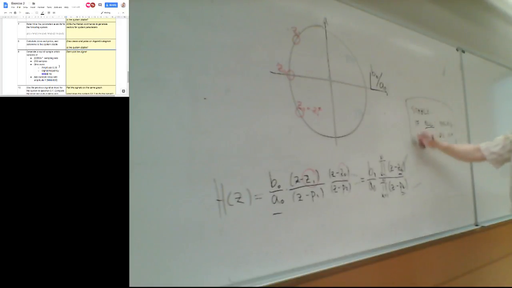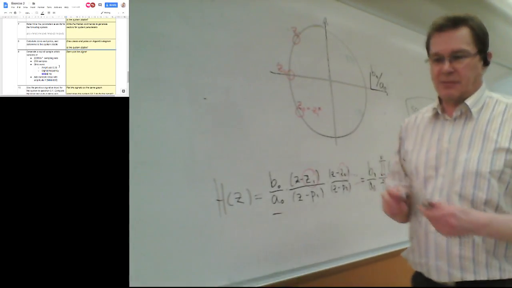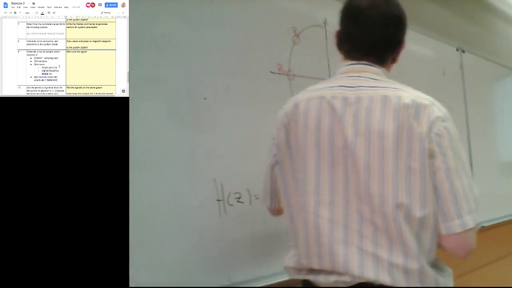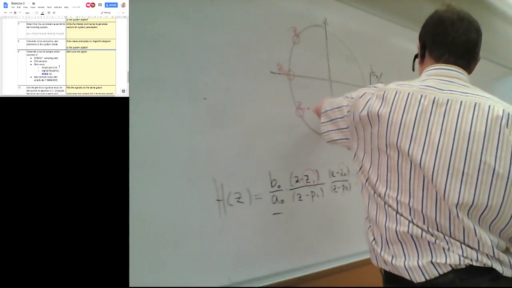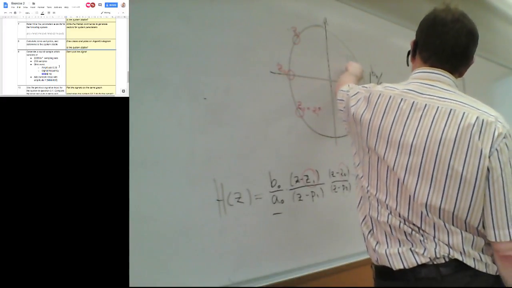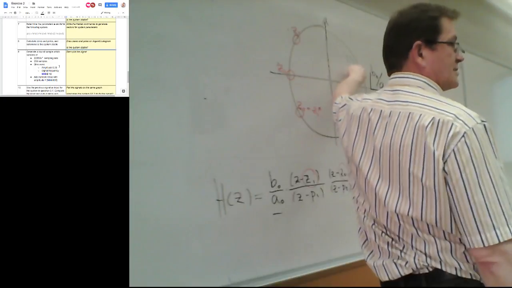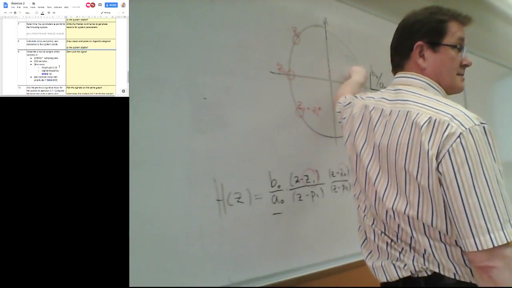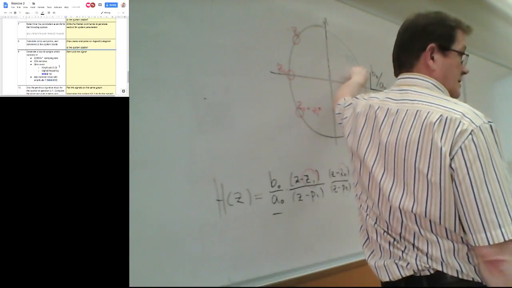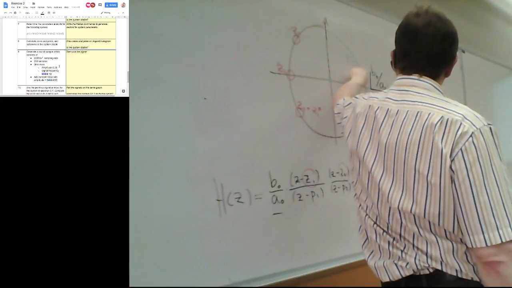This is the stability test, all you need to know. A critically stable system would have a pole exactly on the unit circle, meaning it oscillates at that angle.